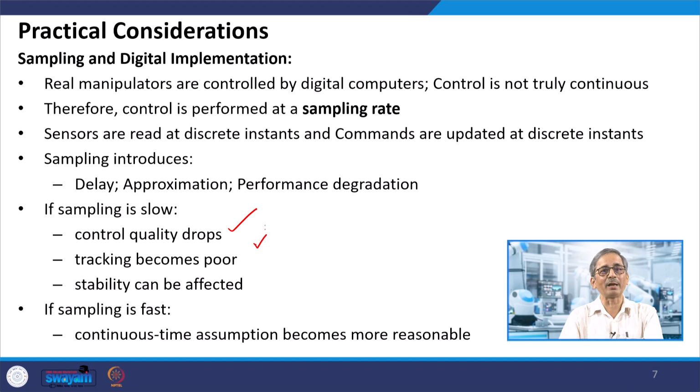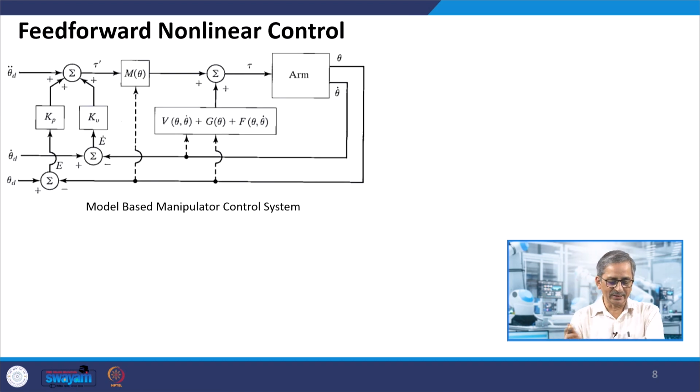Tracking becomes poor, it is quite obvious, and stability could be affected. And if your sampling is fast, then we are going to be closer to the continuous time assumptions which we usually follow. So, this is the model based manipulator control system which we have seen.